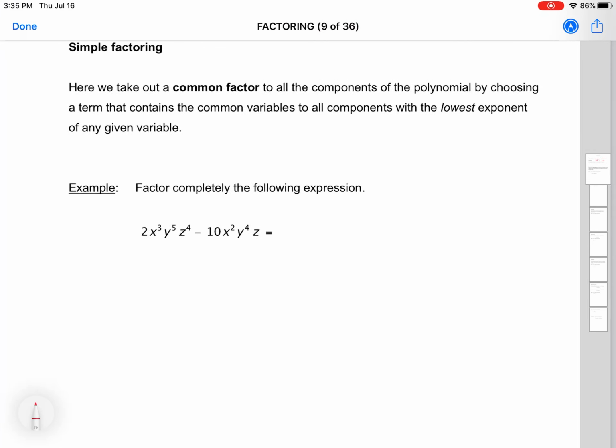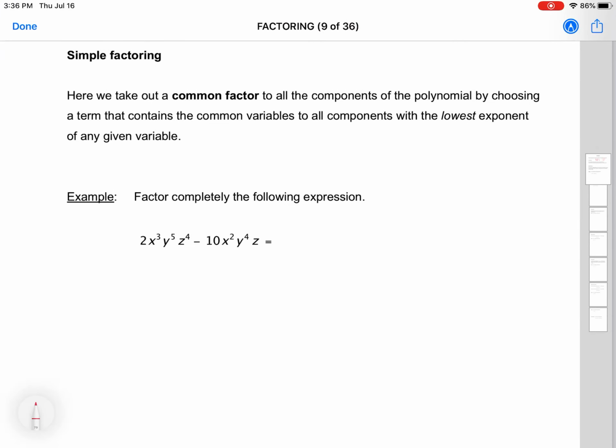Let's start with simple factoring, which is really about taking out a common factor to all the terms that we have. The idea is to take out the variable with the lowest possible exponent on each variable. So for example, between 2 and 10, I can take out 2.